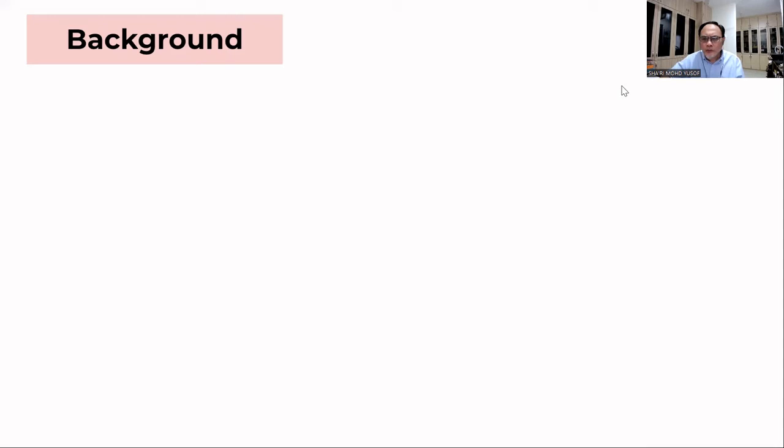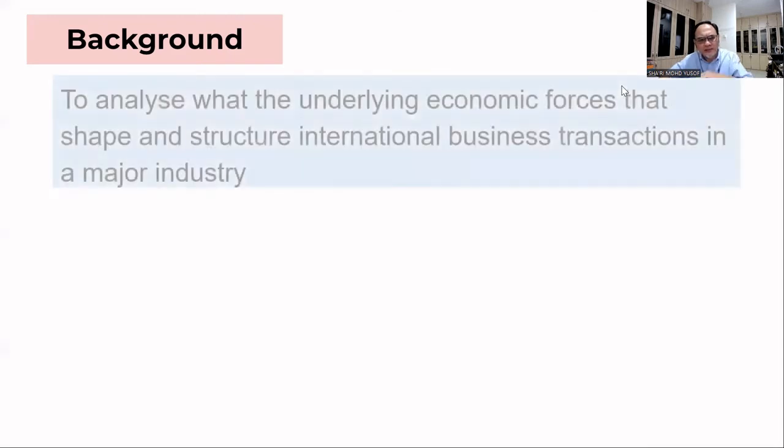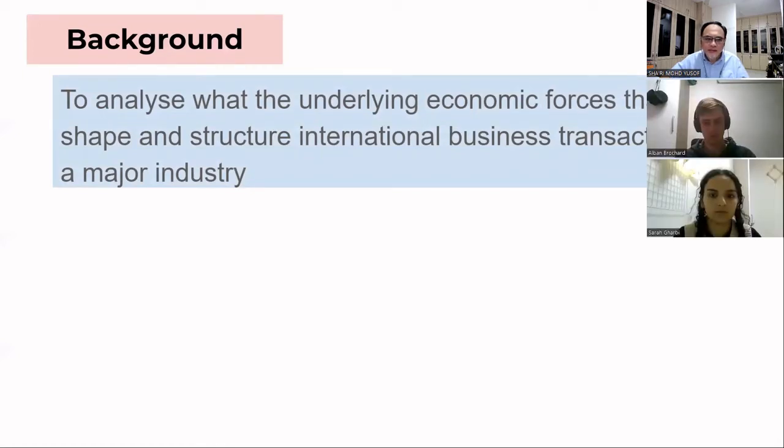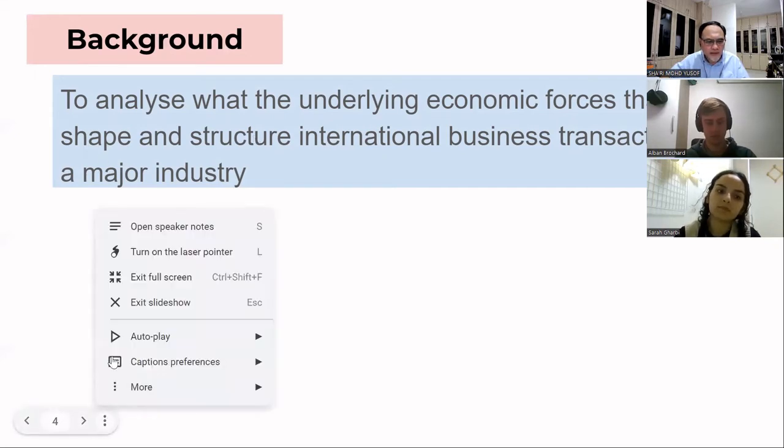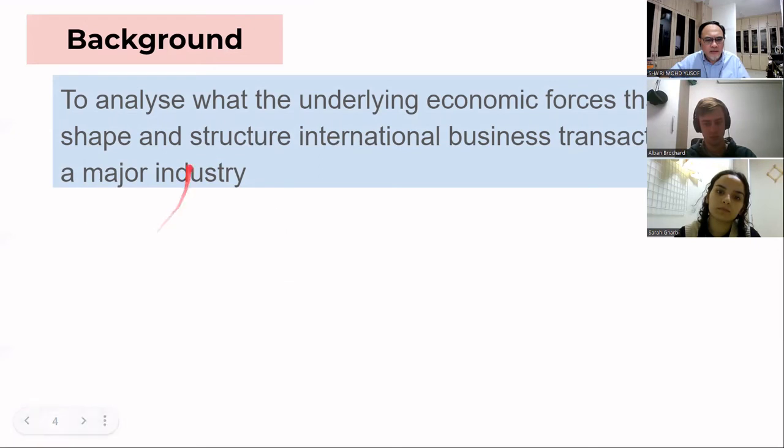So what this chapter does is we want to analyze the underlying economic forces that shape and structure international business transactions in a major industry. So we want to see what kind of factors influence international business trades.